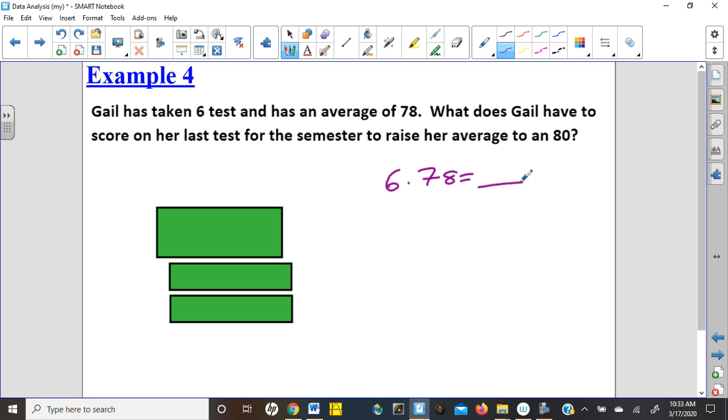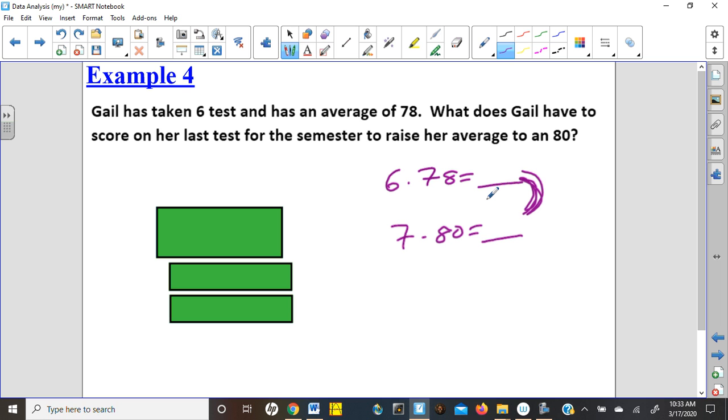This is what she has so far. And then you could say, I want her total after 7 tests to be 7 times 80. This is what we want the new total to be. And so whatever the difference is between these 2 totals would have to be that new score. That's one way you could attack this.